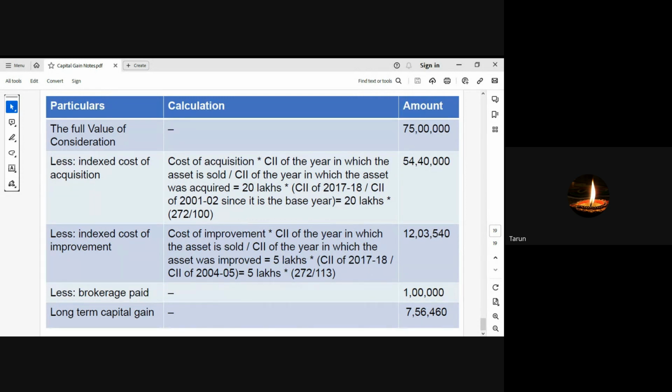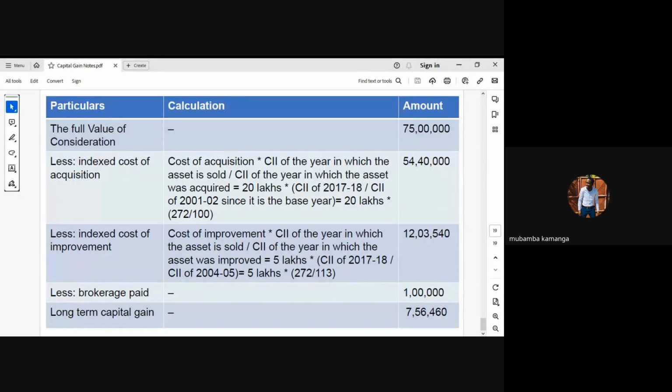If it is not given, you can ask the invigilators for the table, and accordingly you can use it and estimate the indexed cost of acquisition and indexed cost of improvement.